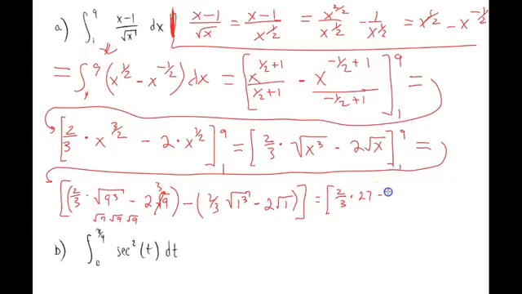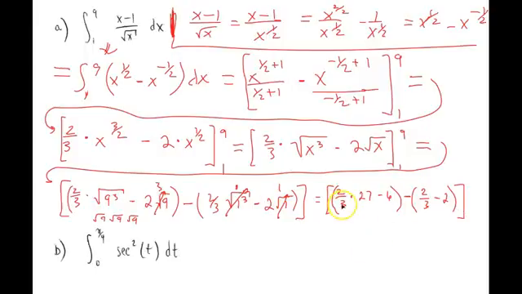So 2 times 3 is 6. So that would be first term there. And then for the second term, we know that 1 cubed is 1, and square root of 1 is just 1. So we just have 2/3 here minus 2 times square root of 1, which is just 1, so that'll just be 2. So we have that.